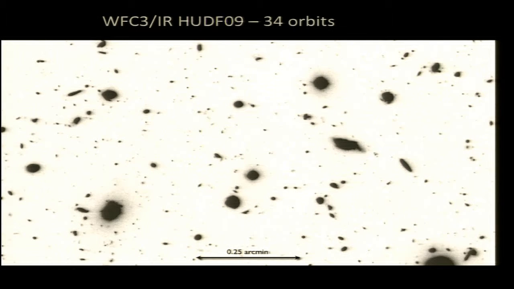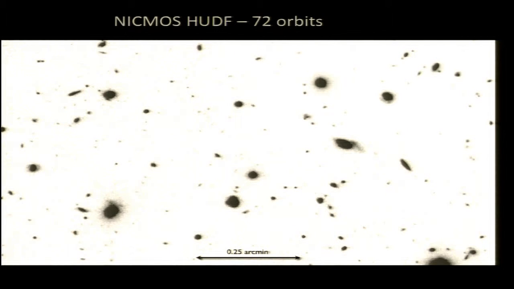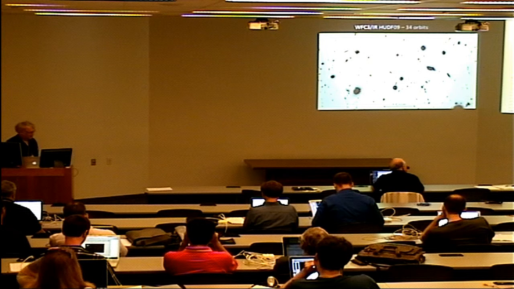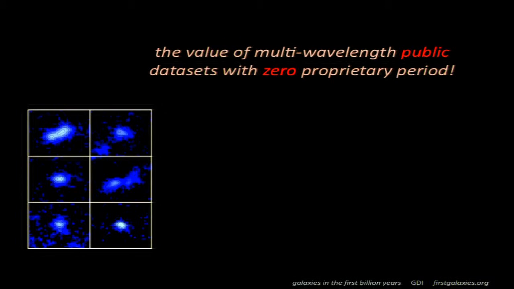The HUDF, the WFC3 image is half the time, but what is clear is that the signal to noise is dramatically higher. So this is the sort of gain that one can get out of these data sets, including the area. Discovery efficiency also includes the area. And there's a factor of, I can't remember, 6, 5, something like that, in area difference between NICMOS and WFC3.